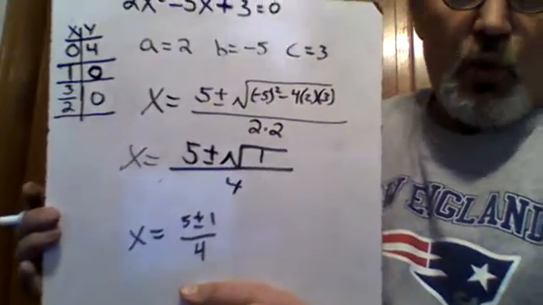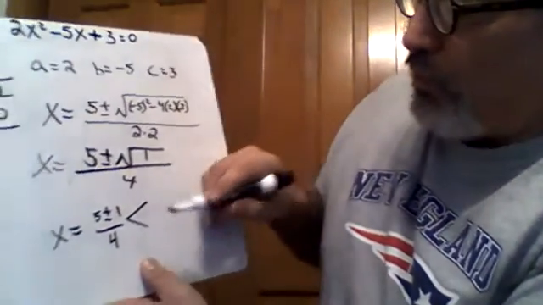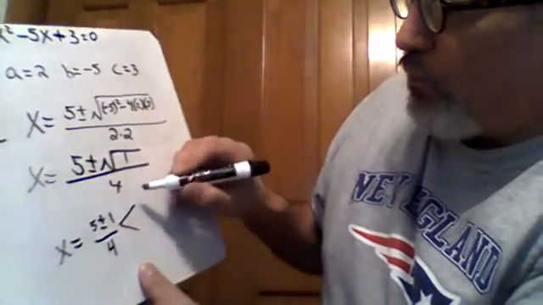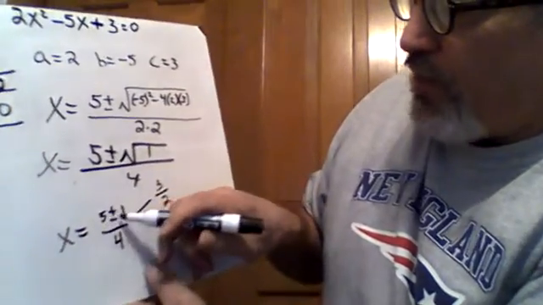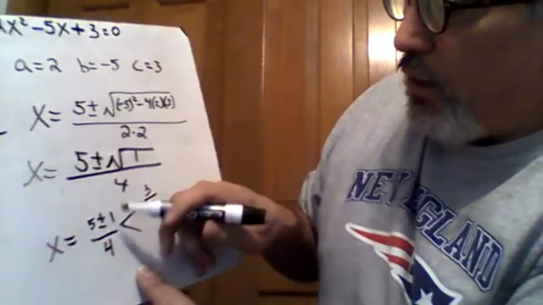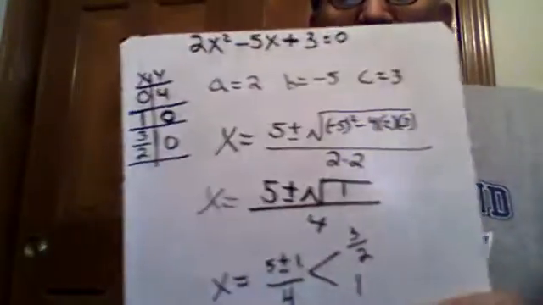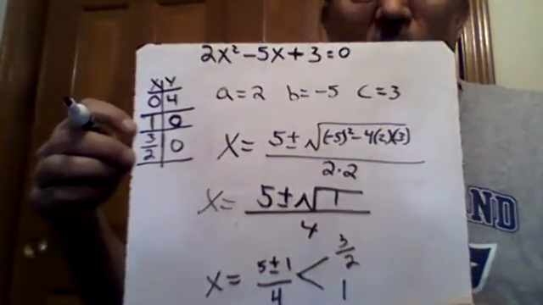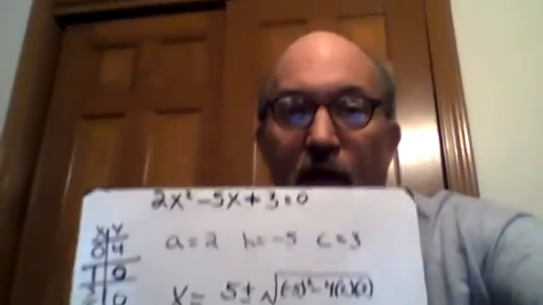The square root of 1 is 1, of course. And we follow the two paths as before with completing the square. 5 plus 1 over 4 is 6 over 4, or 3/2. And 5 minus 1 over 4, 4 over 4 is 1. We get the same two roots that we earlier got by factoring and also by completing the square.